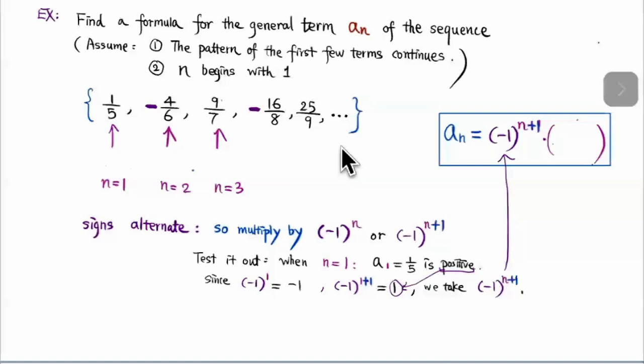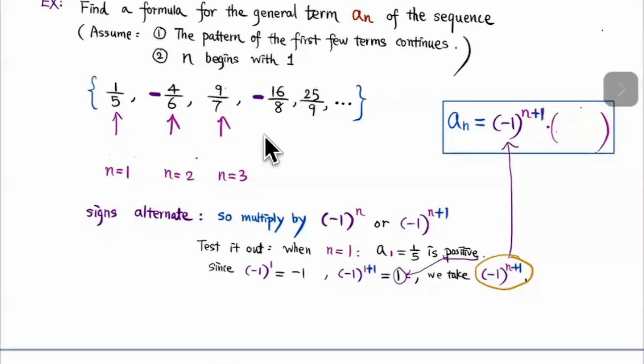Very good. Let's look at the sign first. Positive, negative, positive, negative, positive, and then maybe negative, okay? So you see the sign alternate, right? If the sign alternate, then you're going to put either this or this for the alternating sign.